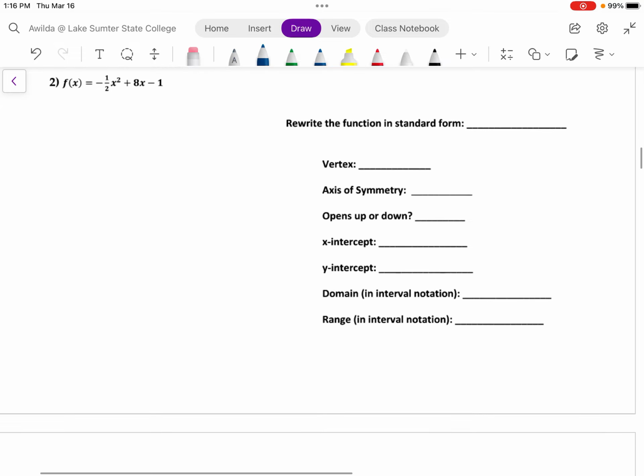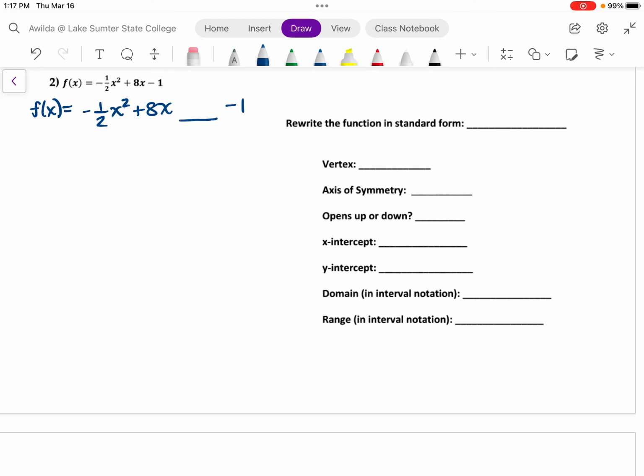In the next example, we have f of x is equal to -1/2 x squared plus 8x minus 1. As we did before, we're going to rewrite this as f of x equals -1/2 x squared plus 8x, and then we're going to leave a little blank and push off the -1 off to the side.